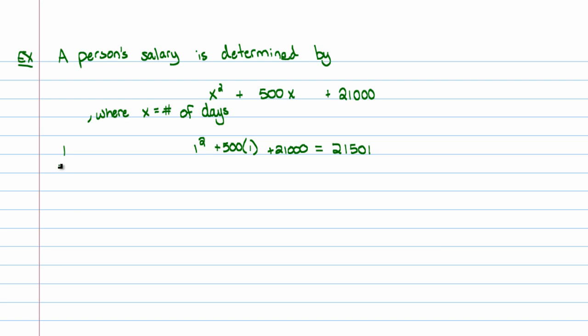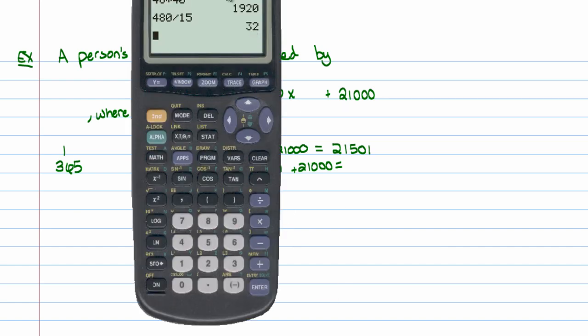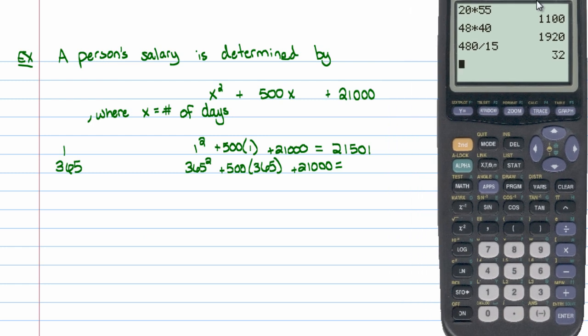Let's say a year down the road. A year down the road, you have 365 squared plus 500 times 365 plus 21,000. Now this one I'm likely to need a calculator for, so I'll go ahead and bring up my handy dandy graphing calculator and clear out all this stuff.